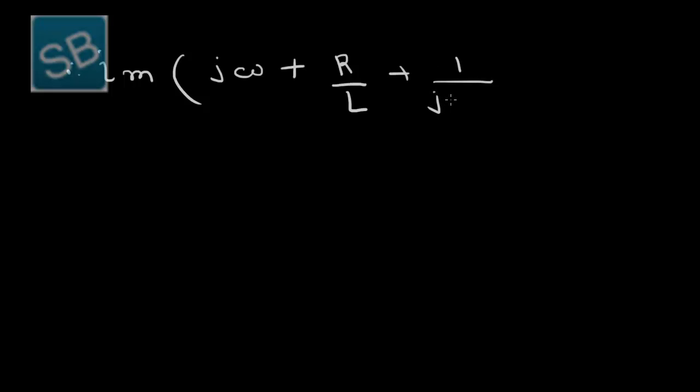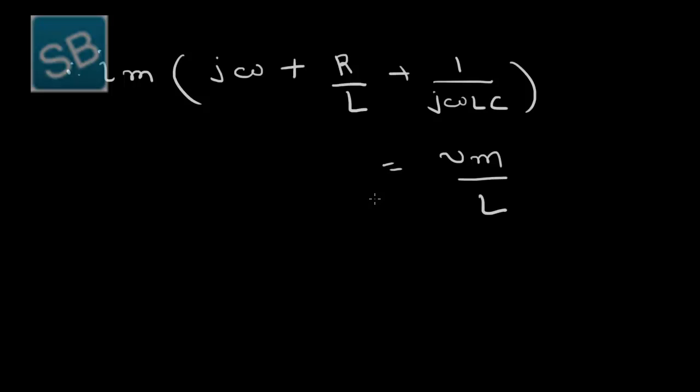You can check the printing mistake in your textbook, in equation number 2.3.5, in which this j omega will not come in the numerator, and the right hand side will be Vm over L.